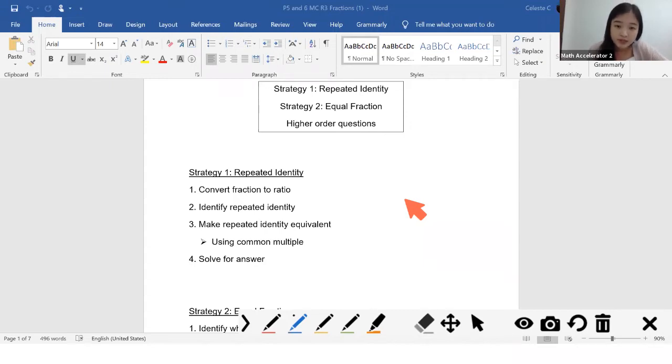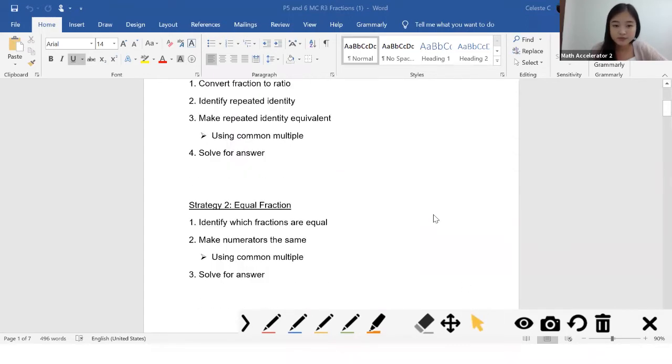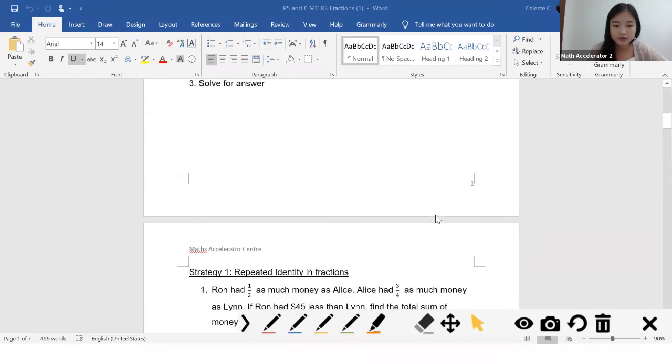Step two, identify the repeated identity. Step three, make the repeated identity equivalent. How do you do that? You should be quite familiar using common multiple. Step four, you have to solve for the answer. So let's start with strategy one first.